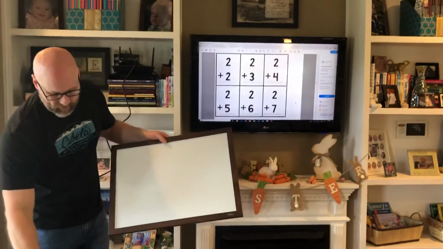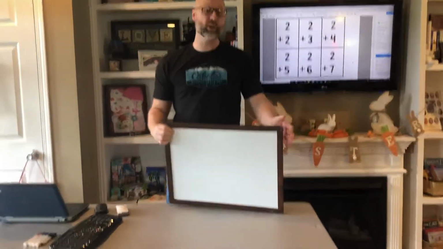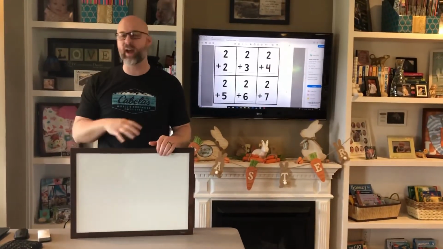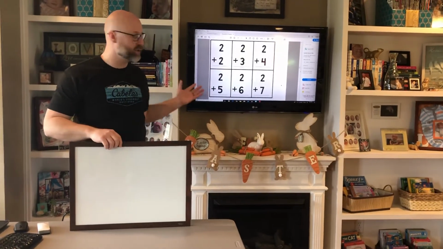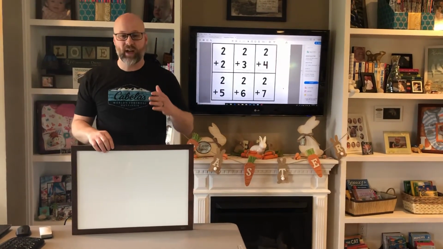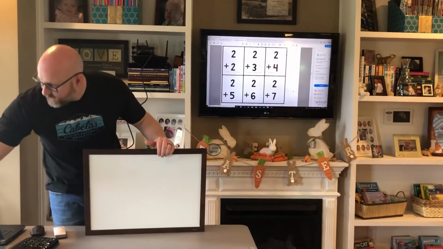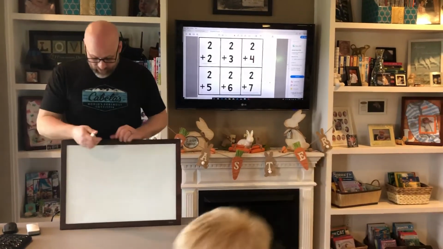So what we're going to do is I'm going to use the whiteboard for a few minutes. Now, if you're at home, what I want you to do is go grab maybe a pencil or a marker, a crayon, anything, and a scrap sheet of paper that you can write on, and we'll try to do these problems together and see what you guys can do. Most of the students in my class are very capable of these problems.